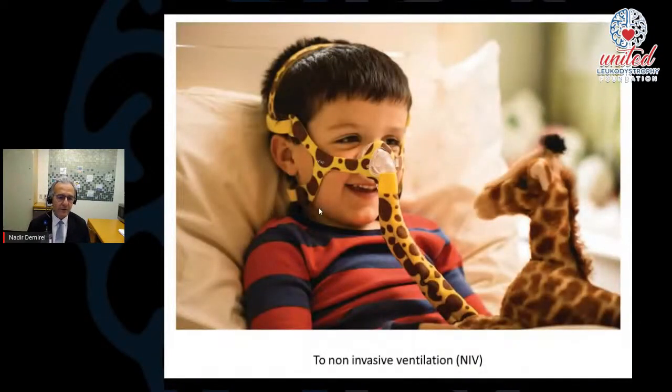Today, we call this non-invasive ventilation. We have similar masks, but now they sit most of the time on the nose. It may cover the mouth, we call it an oronasal mask, or it may cover the whole face, we call it a facial mask.